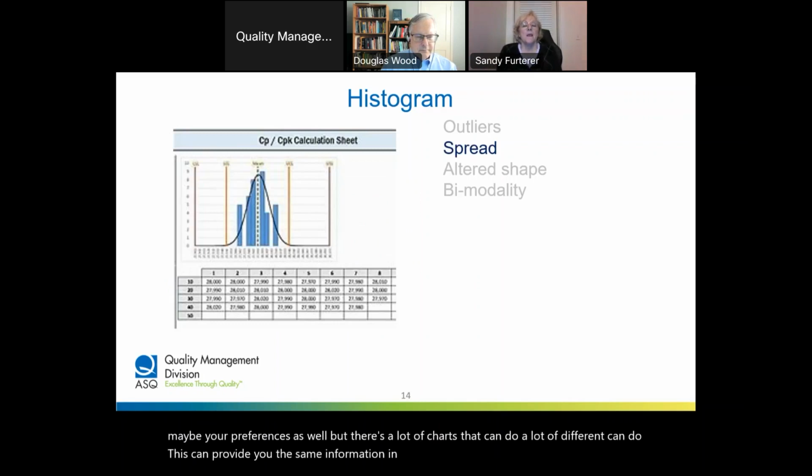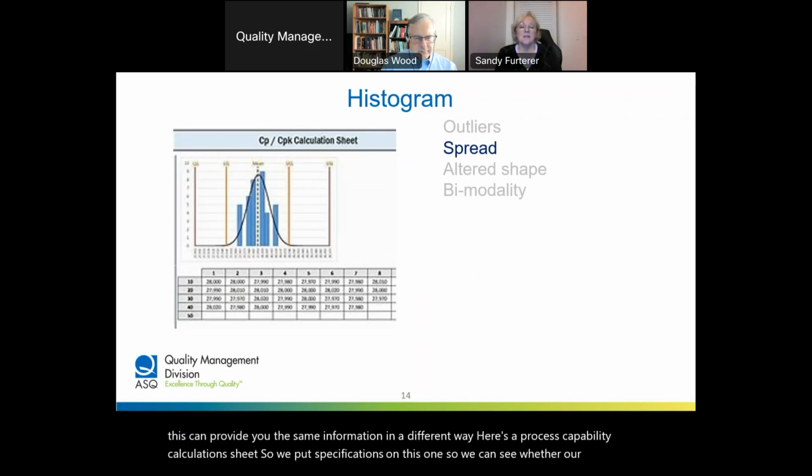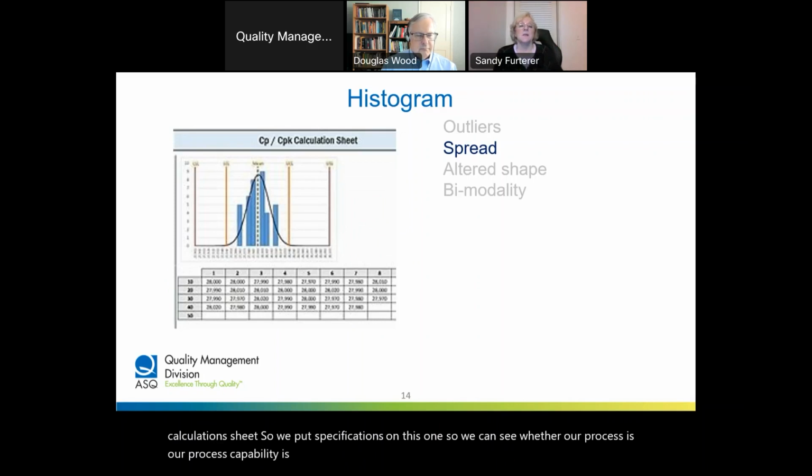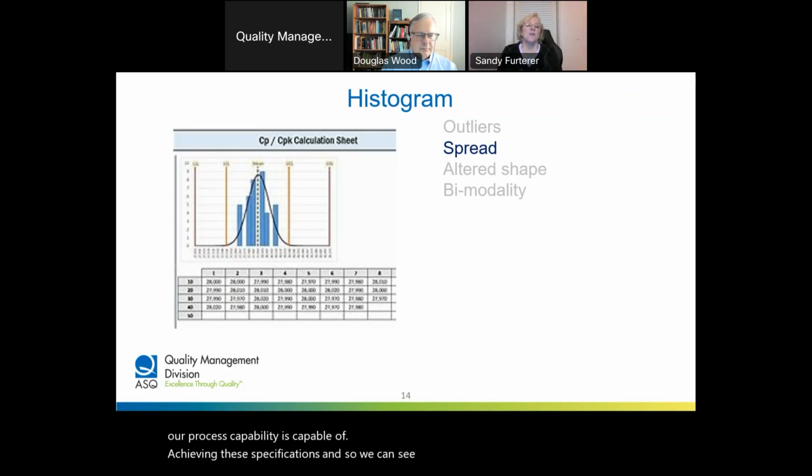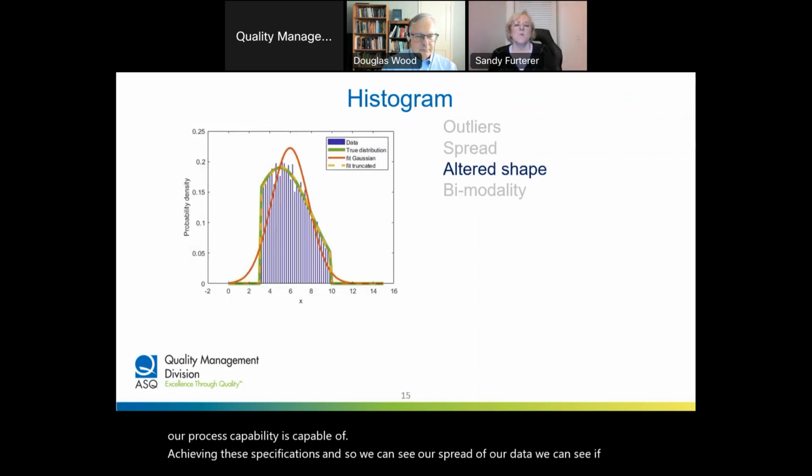Here's a process capability calculations sheet. So we put specifications on this one, so we can see whether our process is capable of achieving these specifications. And so we can see the spread of our data. We can see if we have kind of weird shapes.